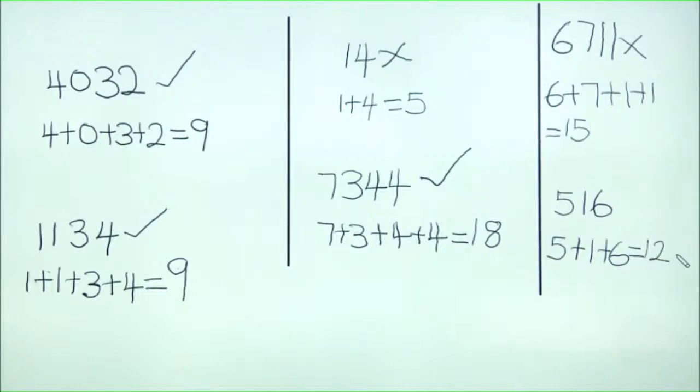Is 12 divisible by 9? No, 12 is not divisible by 9. So the number 516 is not divisible by 9. When we divide it by 9, there will be a remainder.